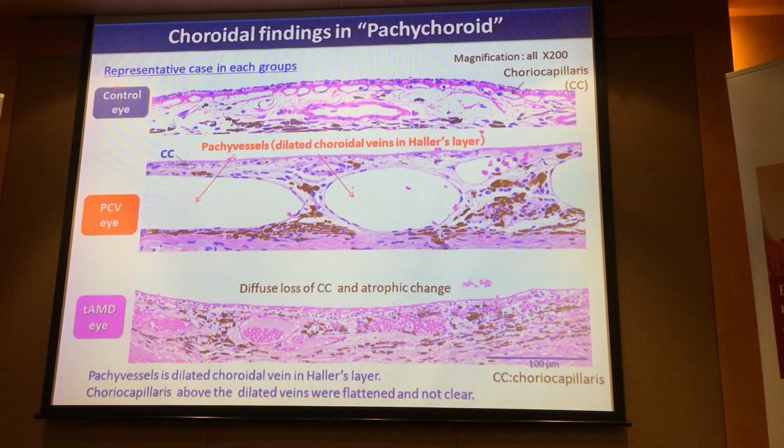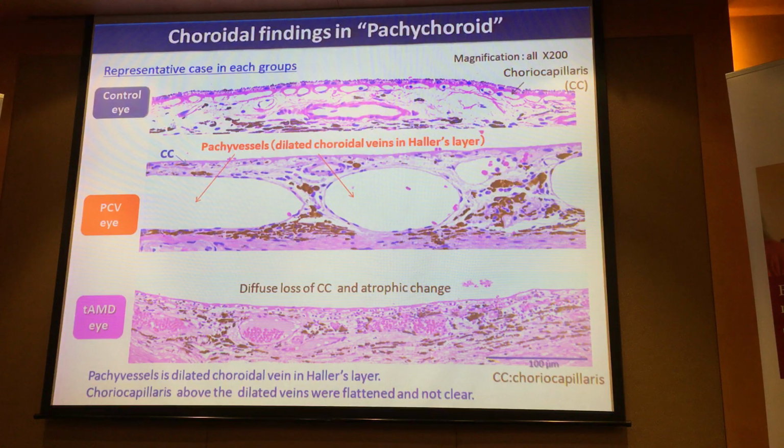In the control eye, this is a malignant melanoma case with intact macula. This is the macular choroid, and you can see regularly arranged choriocapillaries in the histology of the choroid. But in the PCV eye, you could see a dilated choroidal vein in Haller's layer and attenuation of the choriocapillaries.